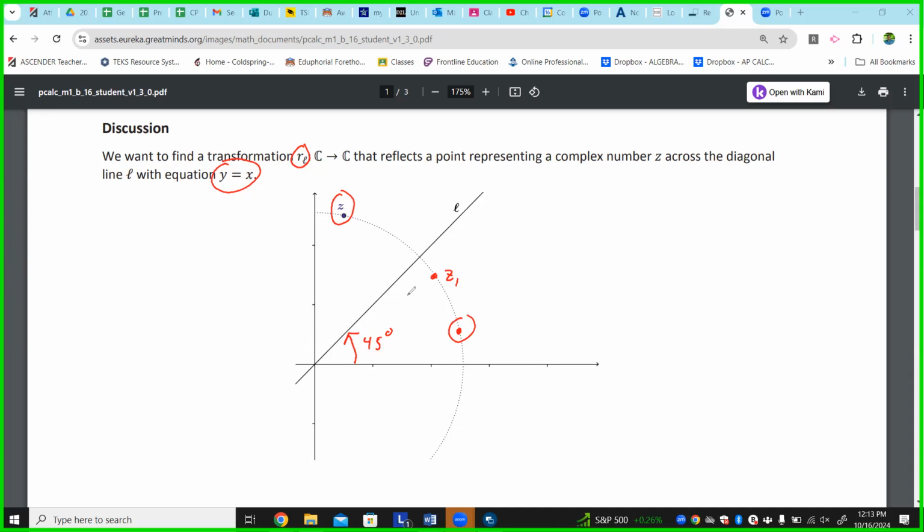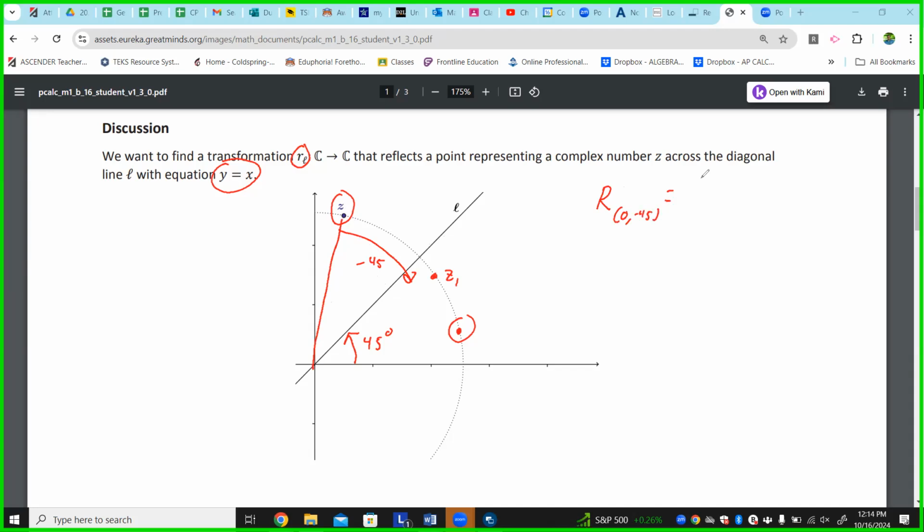But how do I even get to this point? Well, if I'm going to go 45 degrees from this point to this point, what direction is that? Clockwise, what's the degree going to be? Negative. So to start off, let's go negative 45 degrees to get to this point. And that's going to be, for your notation purposes, this guy right here.